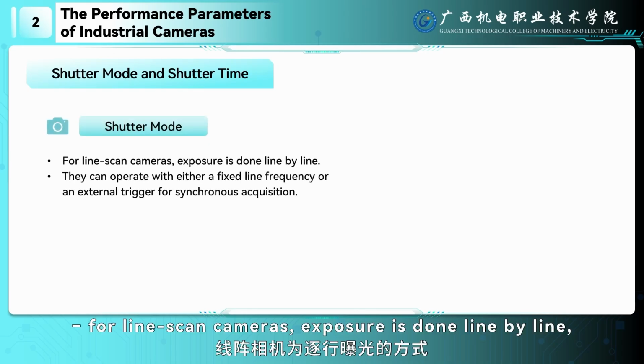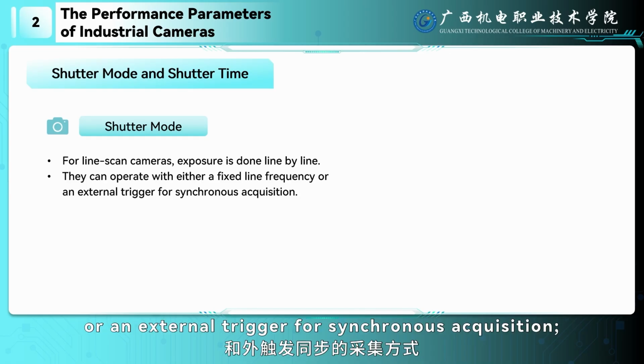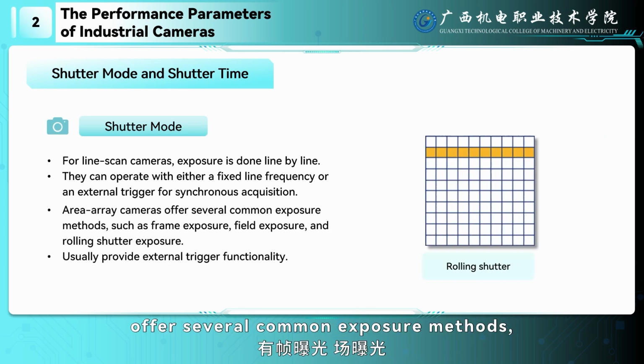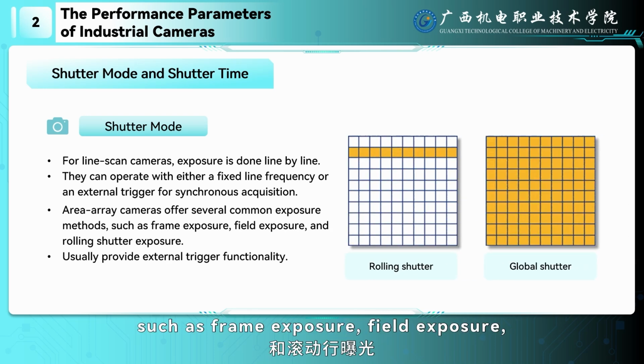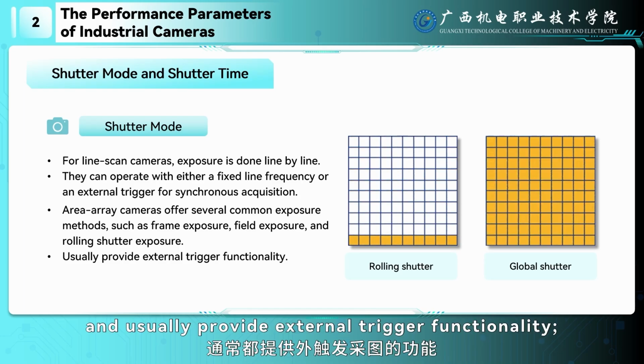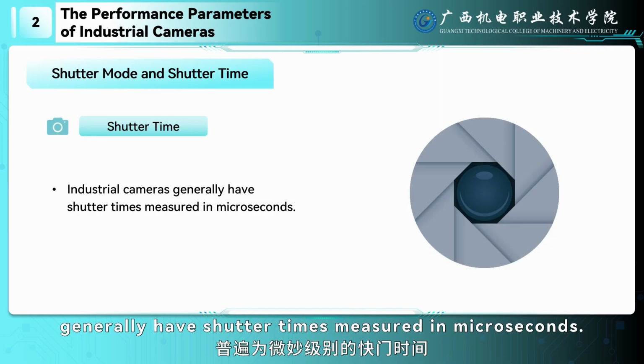For line scan cameras, exposure is done line by line, and they can operate with either a fixed line frequency or an external trigger for synchronous acquisition. Area array cameras offer several common exposure methods, such as frame exposure, field exposure, and rolling shutter exposure, and usually provide external trigger functionality. Industrial cameras generally have shutter times measured in microseconds.